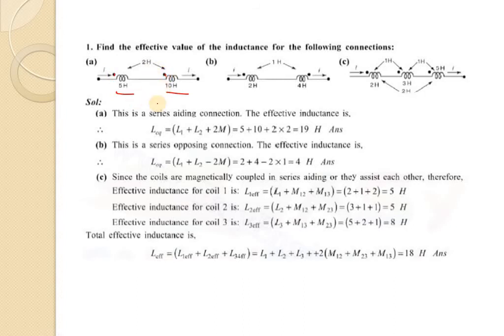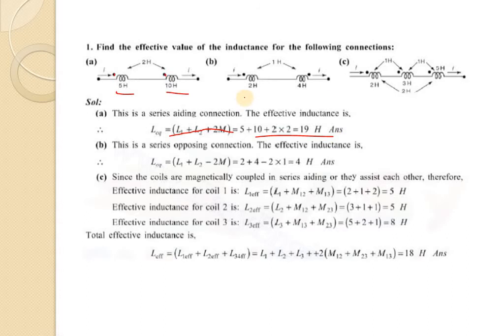Same position means the mutually induced EMF will be positive. So the equivalent of this series adding connection will be L1 plus L2 plus 2M, and putting in the values we get a total effective inductance of 19 Henry.